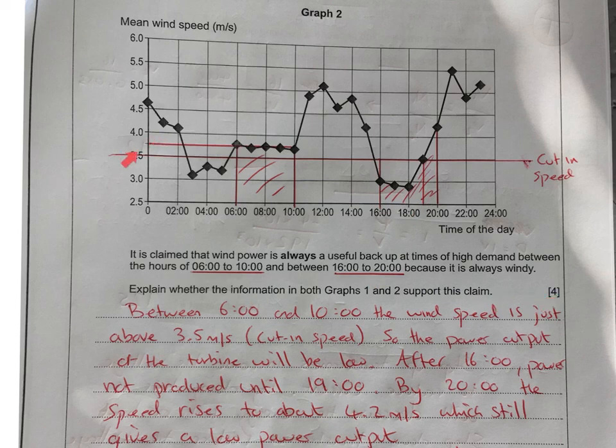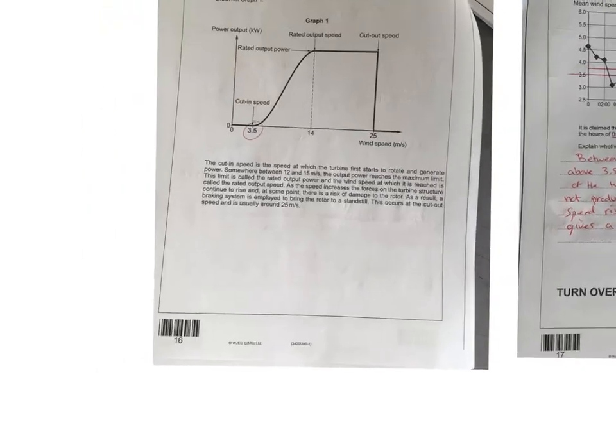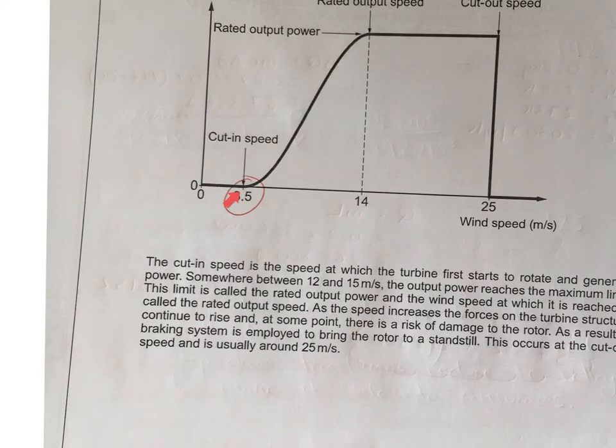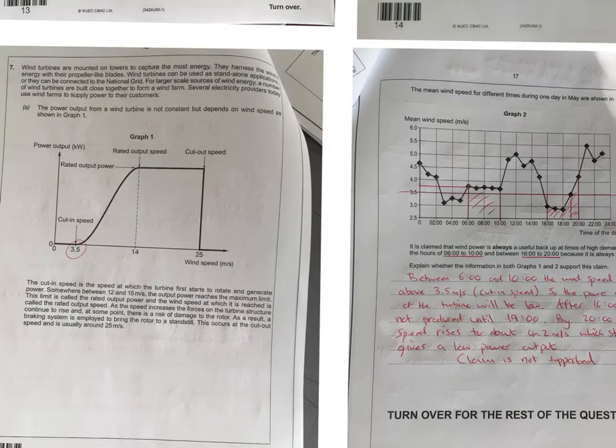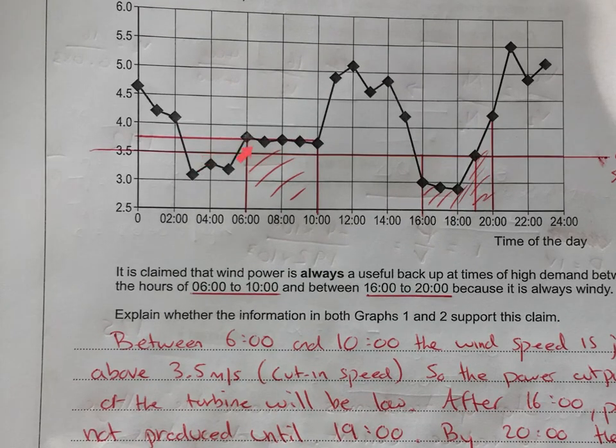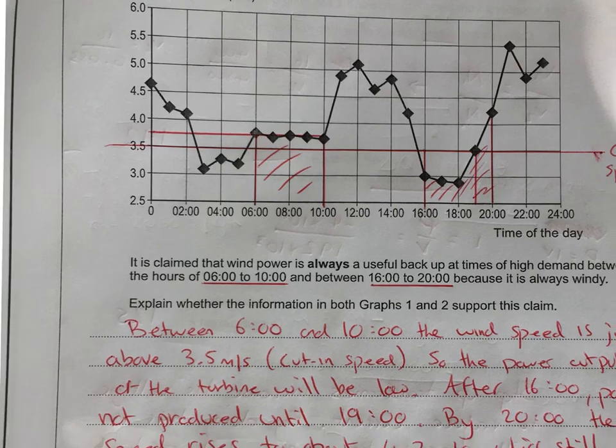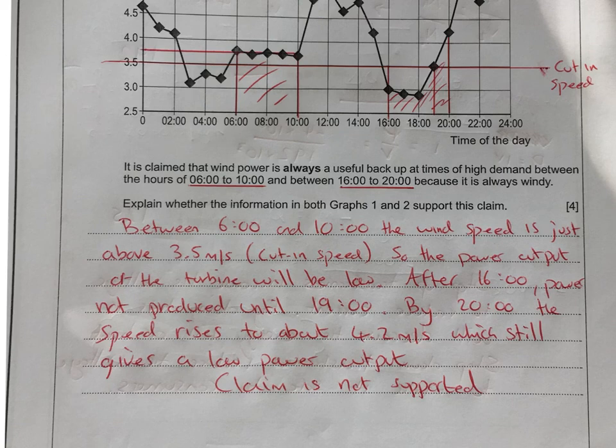So you can see I mentioned that cut-in speed of 3.5 there. That's the wind speed it's got to reach before you even start turning the turbine. You can see at 14 meters per second is the optimum, that's when you're going to get the maximum power output. Between 6 and 10, the wind speed is just above 3.5, the cut-in speed.